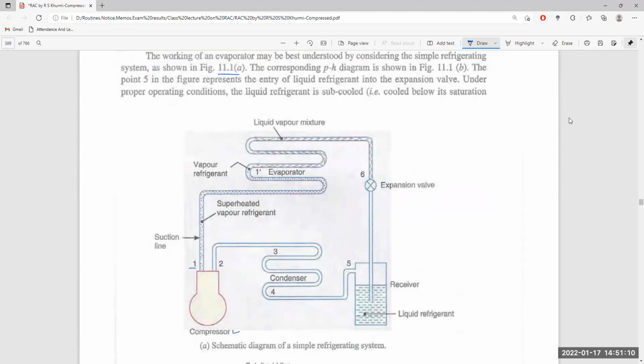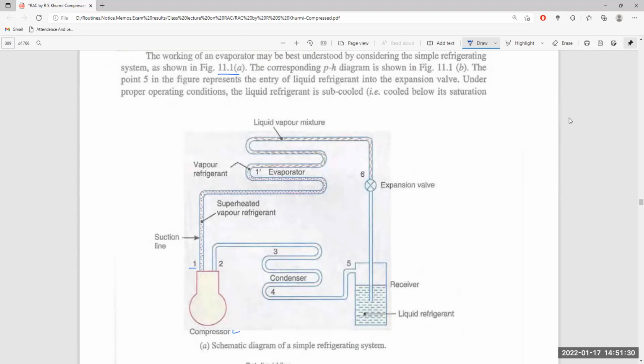The compressor compresses the gaseous refrigerant to a high pressure, and in gaseous state it is sent to the condenser, where it is condensed to the liquid state and goes to point 5, which is a receiver that receives the liquid refrigerant.